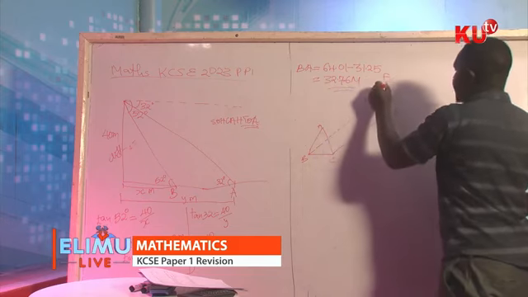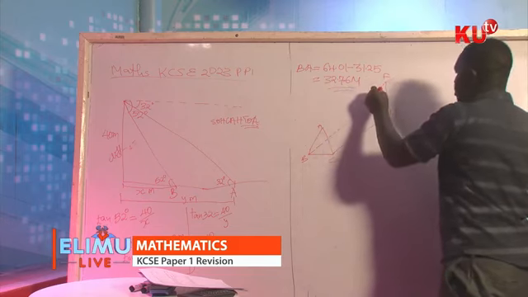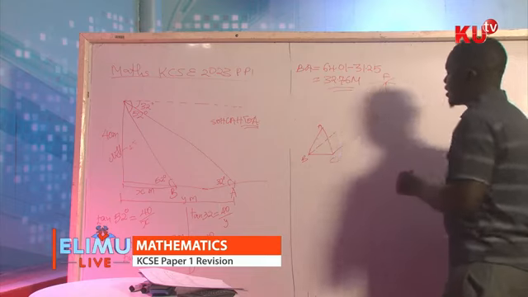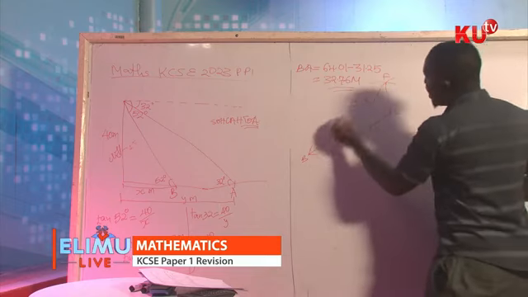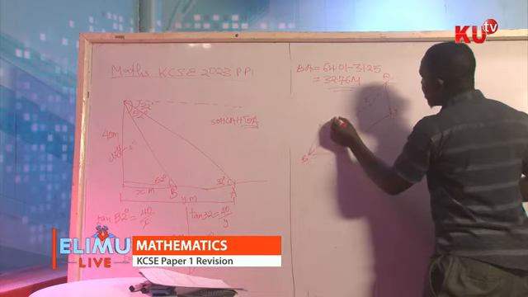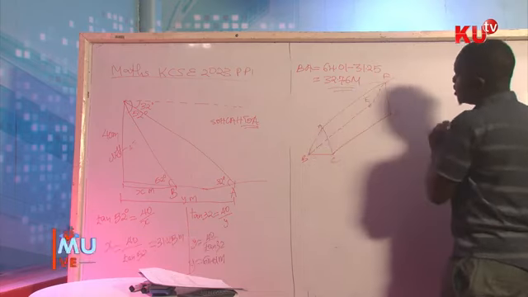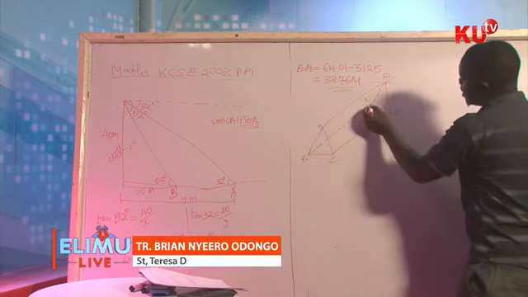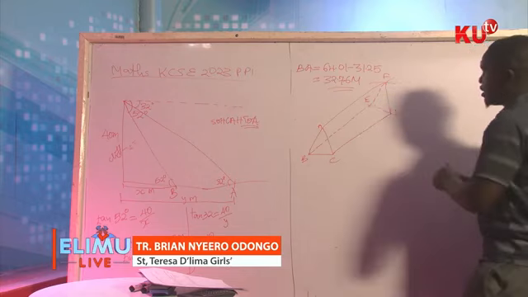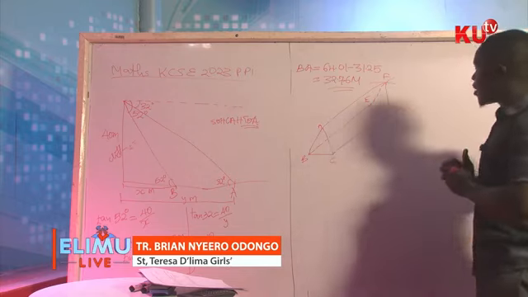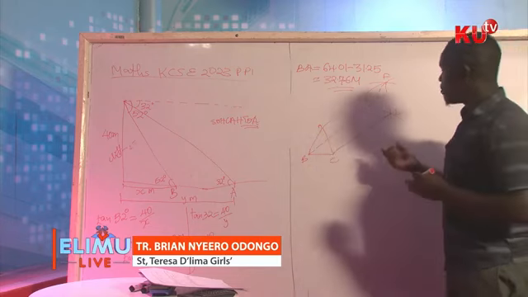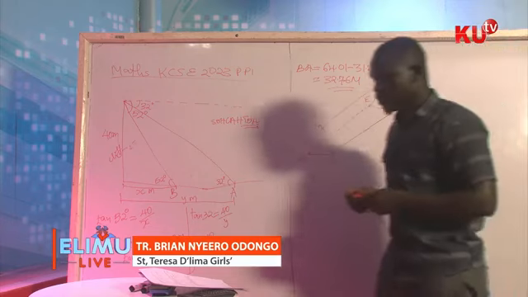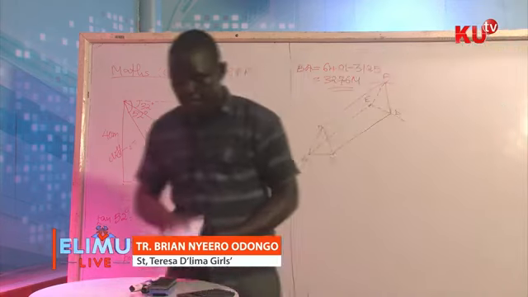EF, it's invisible, so it's dotted, it's hidden. Then AF will be a complete line, like that. Then this one here will also be a dotted line. So that is how you are to answer that question. Make sure you are accurate in your drawing, dear students.